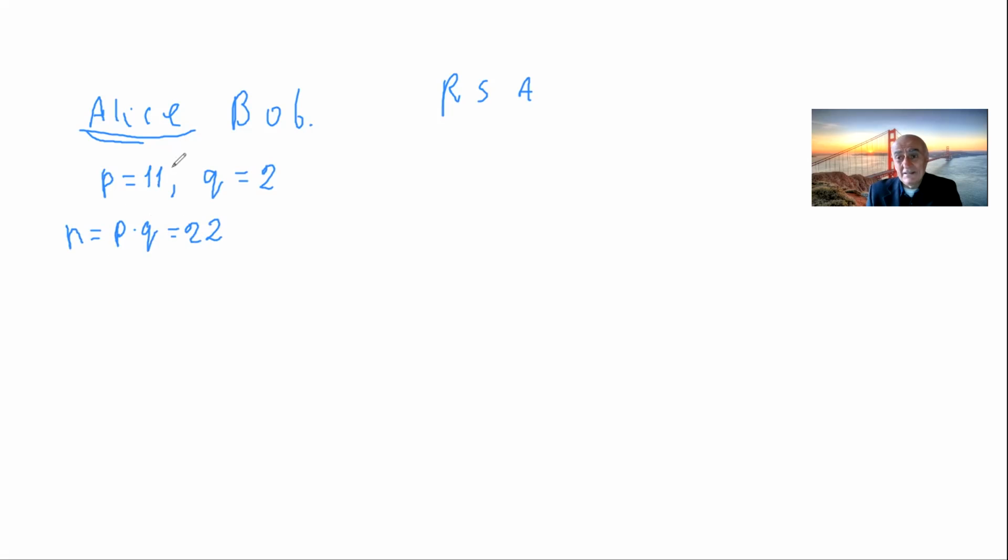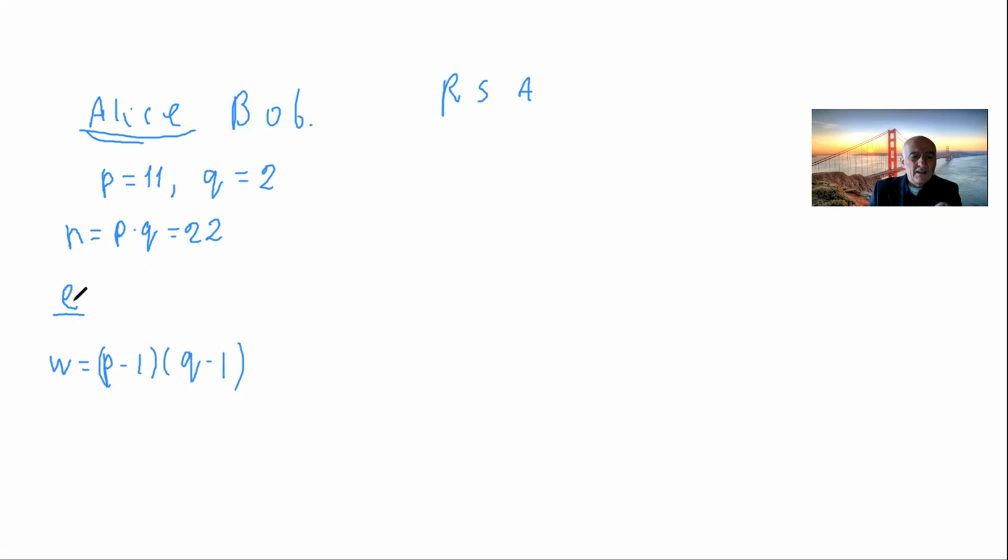Alice also needs one number, and this number is denoted by E, and it must be relatively prime with a number, let's denote it by W, where W equals (P minus 1) times (Q minus 1).